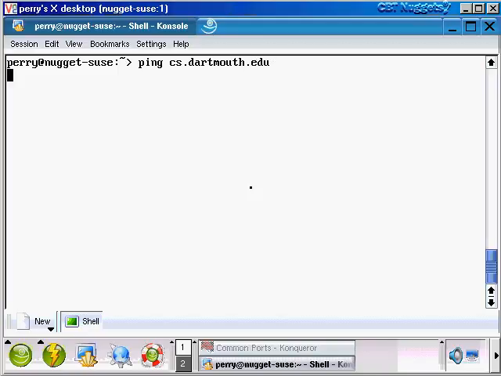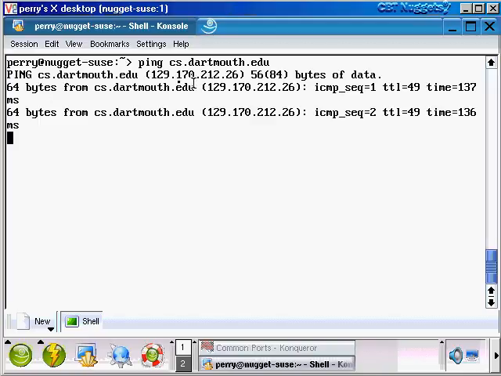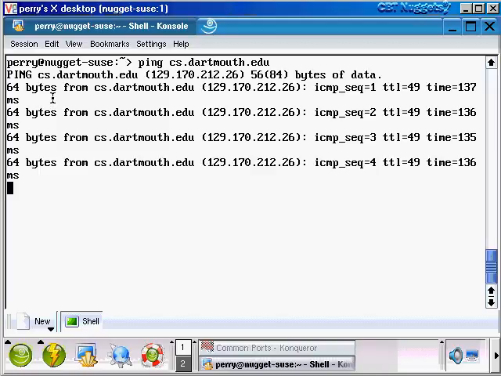If I type this and hit enter, then what's happening now is that my computer is sending a small bit of information to the cs.dartmouth.edu computer, and then that computer is going to reply back saying, yes, it's connected. And you can see here the responses. It's telling you the IP address that it's using, and how much time it's taking in milliseconds to do that round trip.